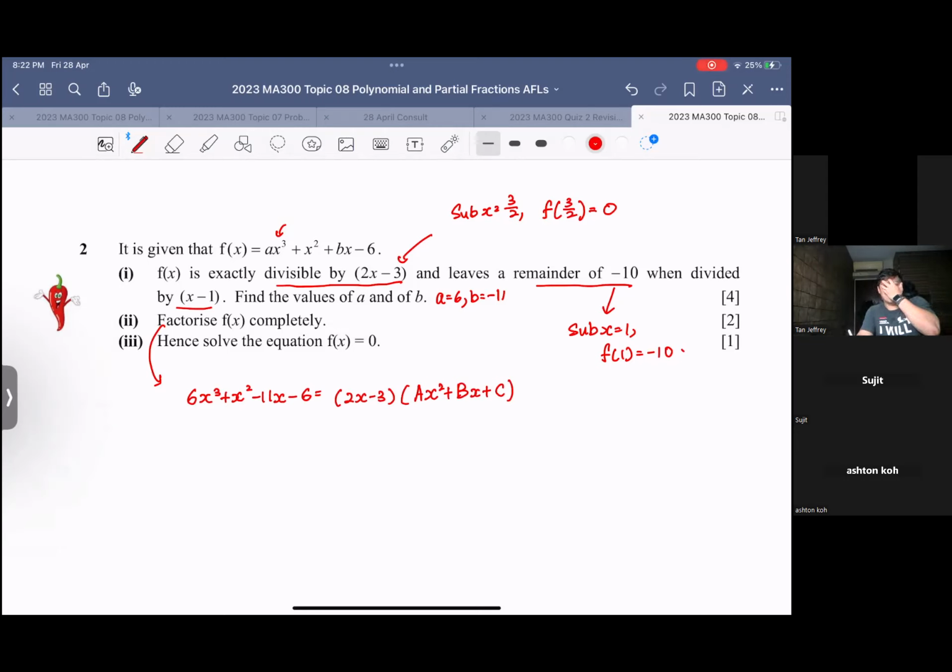You can find it by long division or comparing coefficients.